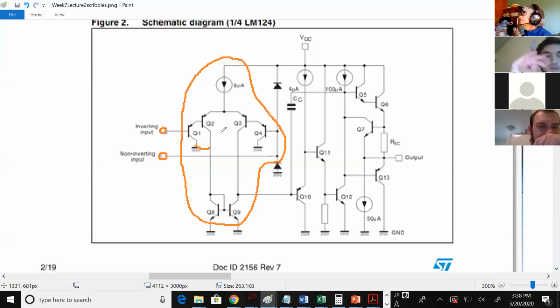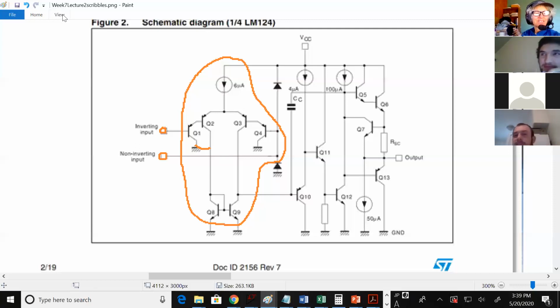What do you see there? It looks like a Darlington pair. Exactly, it's a Darlington pair. So if we looked at an NPN Darlington pair, and what's this? The PNP version. The PNP Darlington pair. I like that. Yes, this is a Darlington pair.